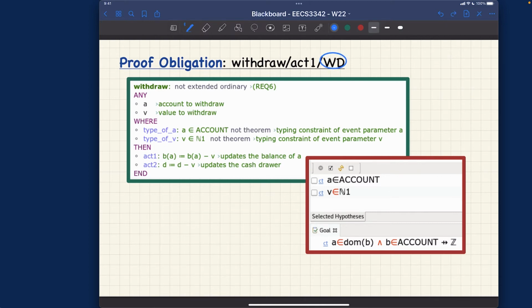It usually has to do with whenever you try to apply some mathematical operation, the precondition of the mathematical operation should be satisfied. It's about the preconditions of mathematical operations being satisfied. That's to do with the well-definedness.